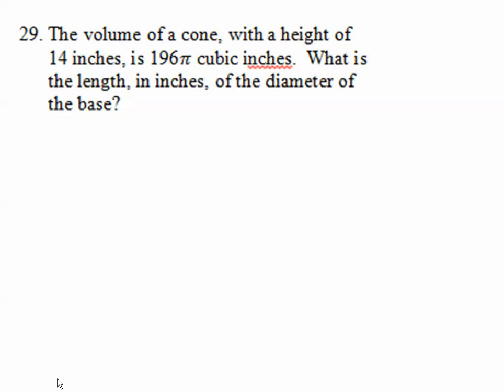The volume of a cone with a height of 14 inches is 196 pi cubic inches. What is the length in inches of the diameter of the base? So the formula for volume of a cone is pi r squared times the height divided by 3.